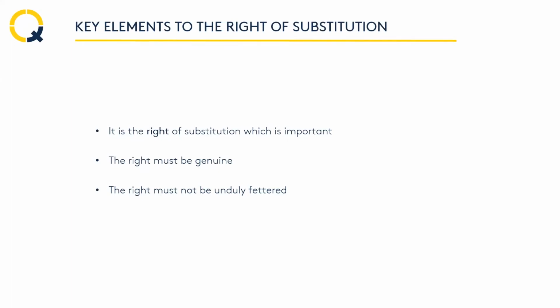And the right mustn't be unduly fettered. What this means is that there mustn't be any unreasonable restrictions imposed. So case law has established that it's the right to substitution that is important, not whether a substitution has actually taken place or not. But that right must be genuine and it must not be unduly fettered.